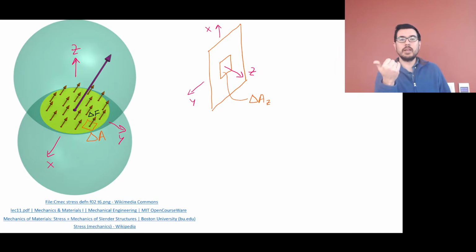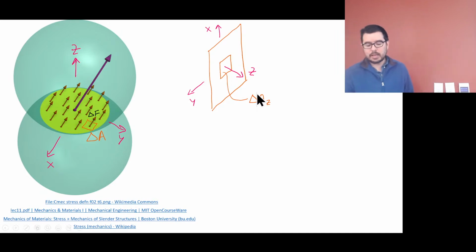You remember from multivariable calculus, the n hat. It's got to be coming out. So delta A_z is just saying this z is normal to this area. But delta F, like we said a second ago, doesn't have to be in the same direction as z. It can be in an arbitrary direction.